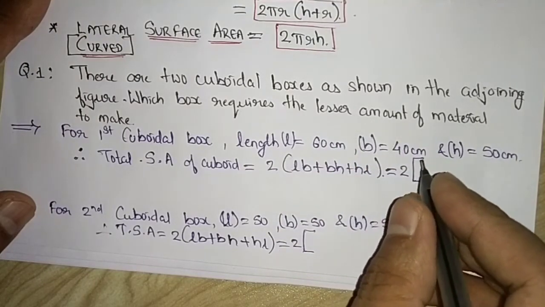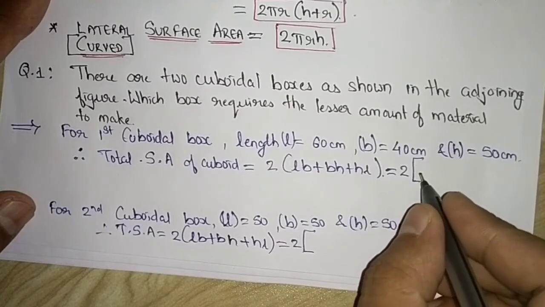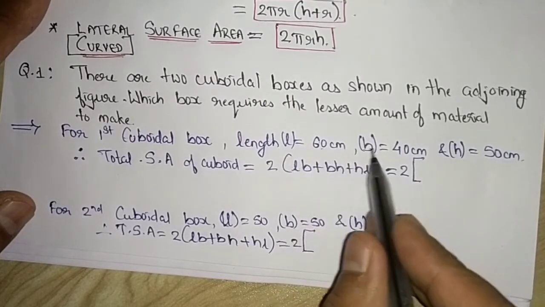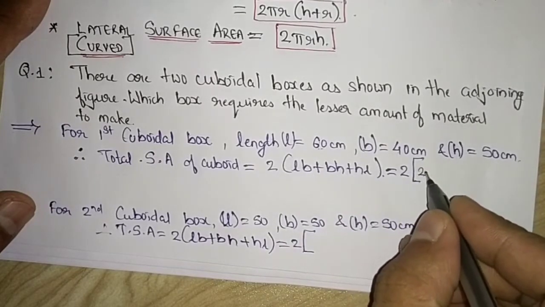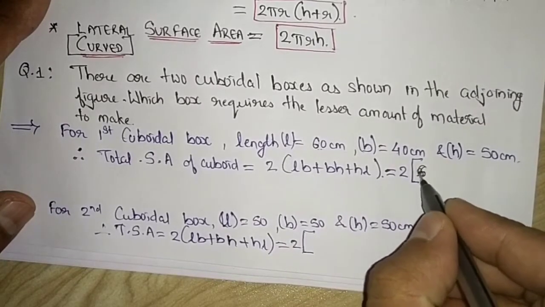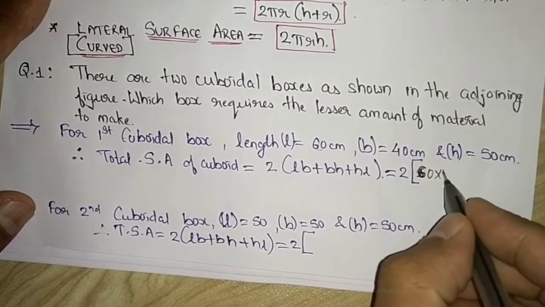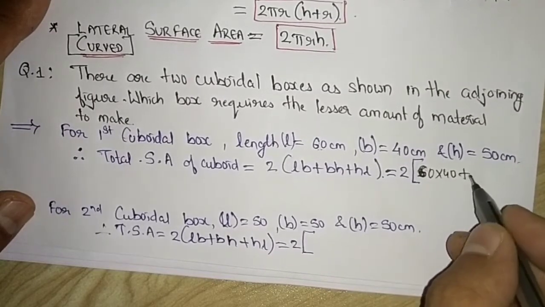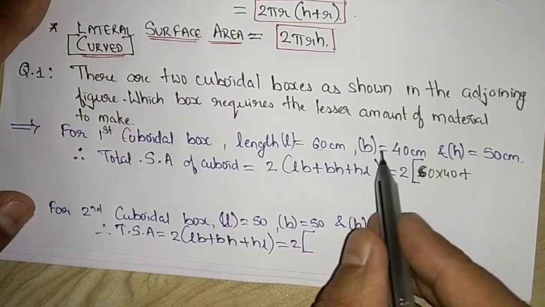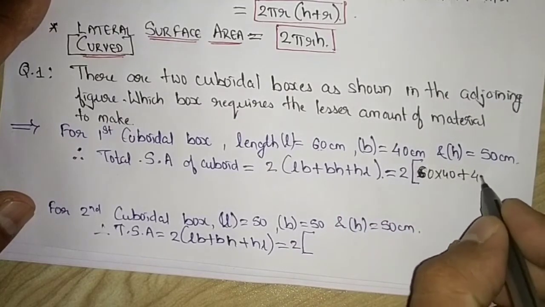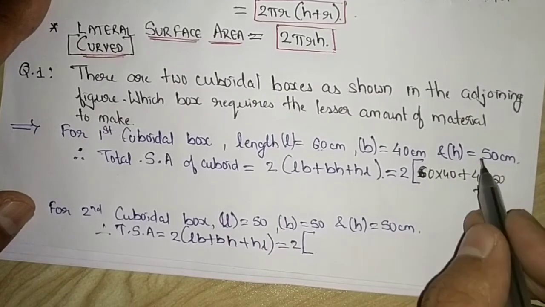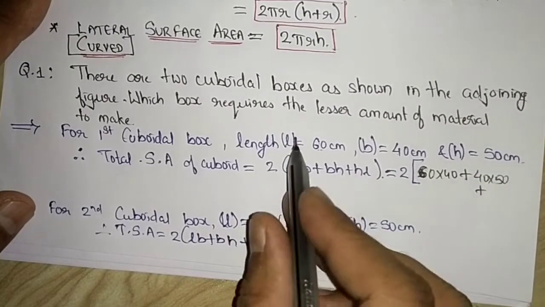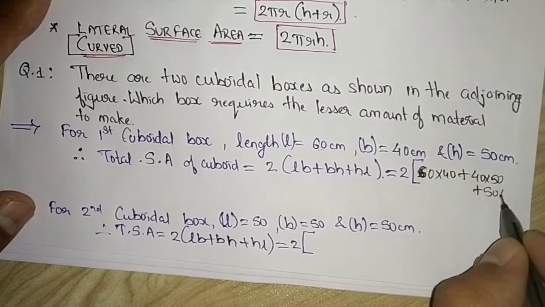If I place it in this formula, I will get 2 into LB. LB is 60 into 40, plus BH is 40 into 50, plus HL, H is 50 and L is 60.